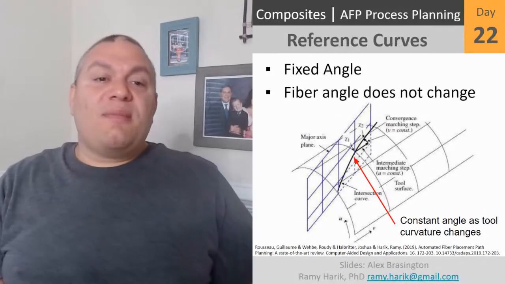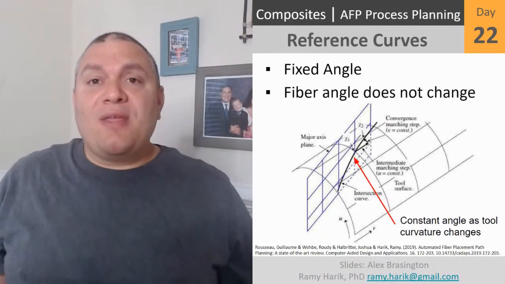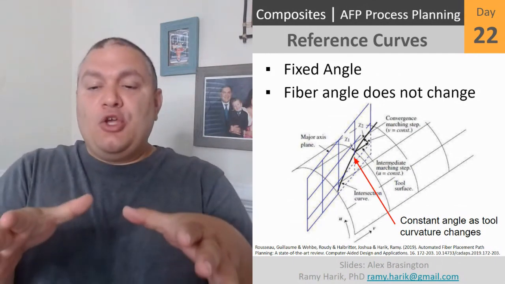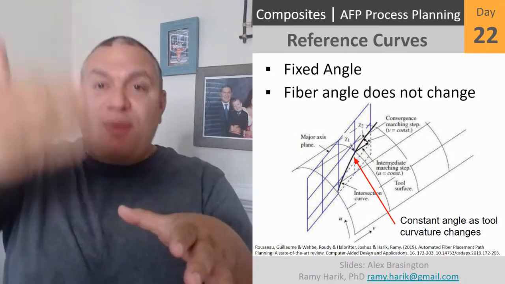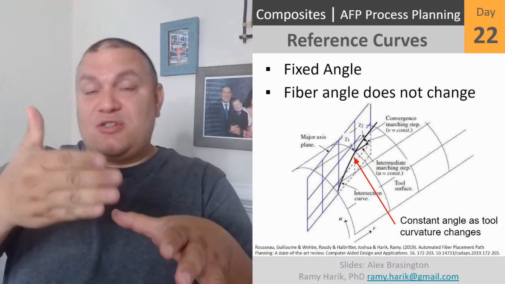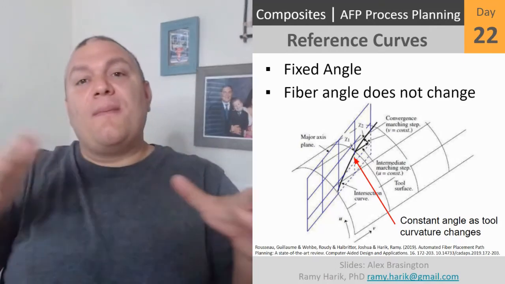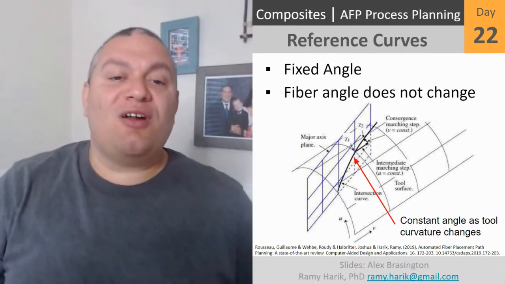So let's start talking about different concepts. Fixed angle. This is when, in geometry, you take what you want to manufacture. You say you want to manufacture a 45 degree. You put a plane at this 45 degree with respect to your 0 degree reference, and the intersection between the tool and the plane would be your curve.